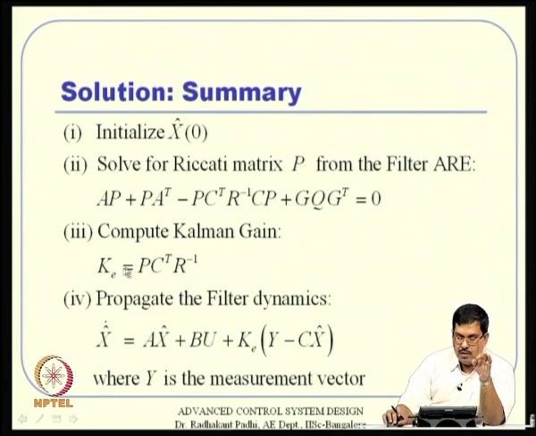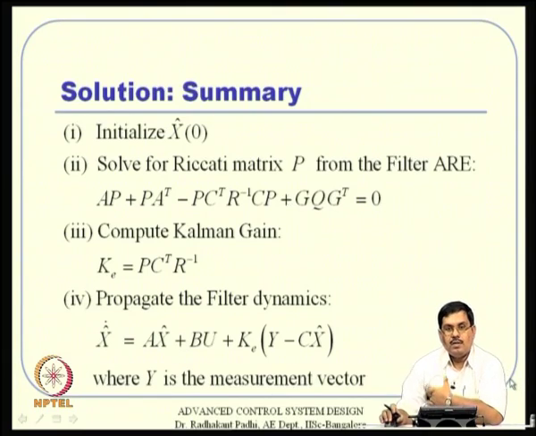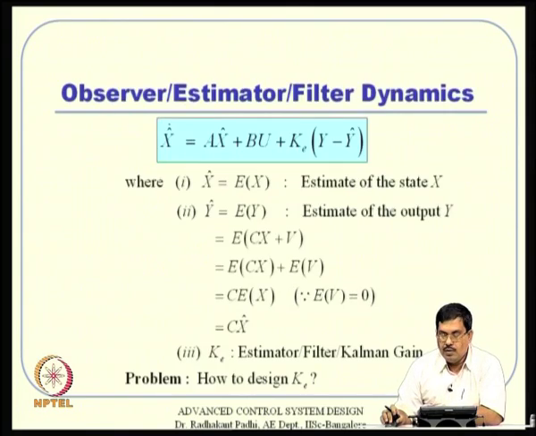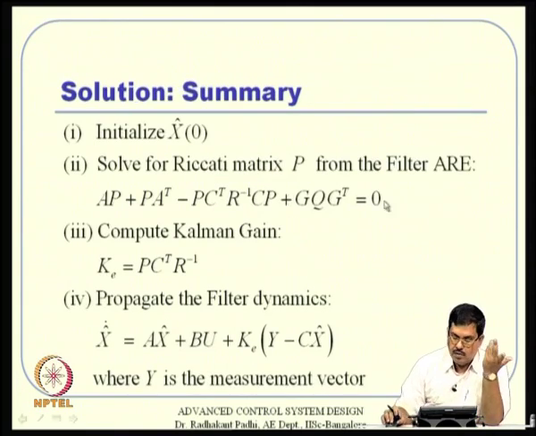Once you get the P matrix, you compute the filter gain. Once you get the gain, you know the filter dynamics, and your initial condition is available. Simply propagate this equation forward in time, and it will make sure that your error goes to 0 in an expected value sense. Your mean will go to 0 and your noise will get filtered out, and things like that.